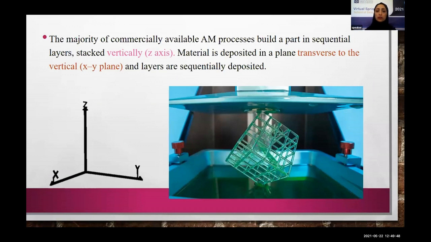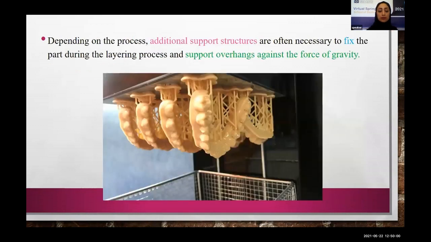The majority of commercially available additive manufacturing processes build a part in the Z-axis, and material is deposited in the XY plane, and layers are sequentially deposited. Depending on the process, additional support structures are often needed in order to fix the part during the layering process and support overhangs against the force of gravity.